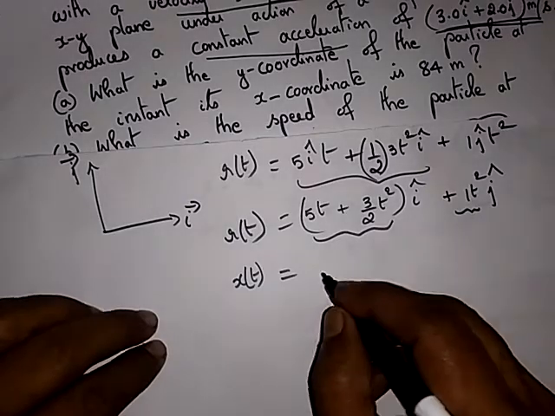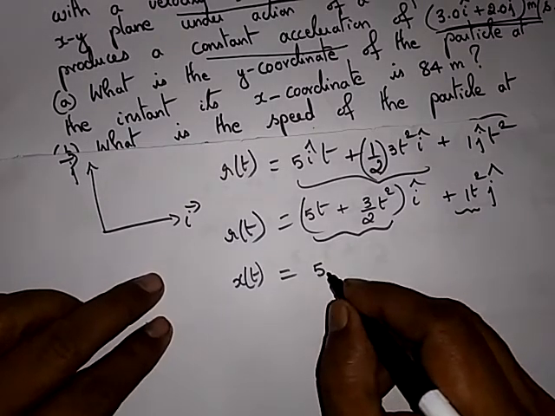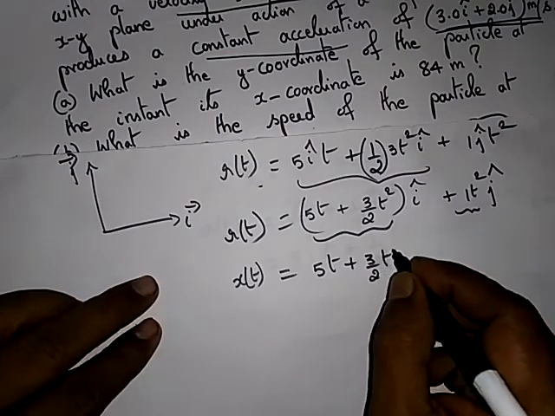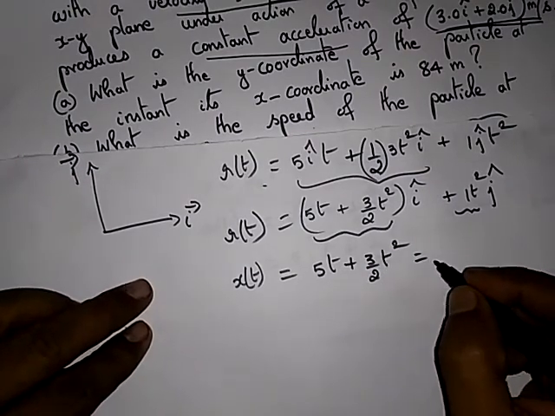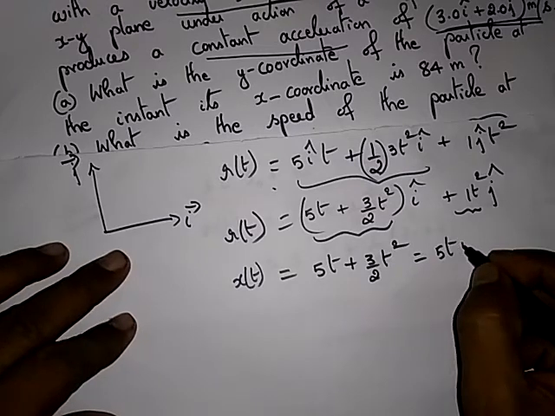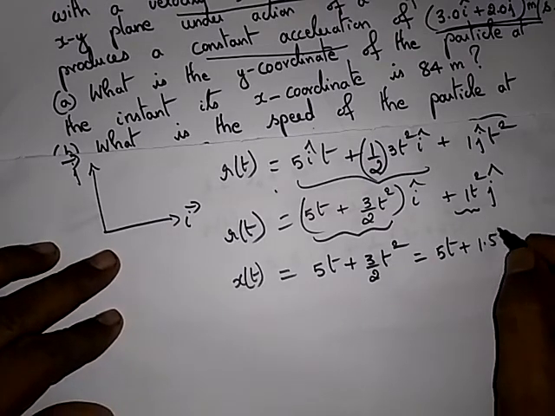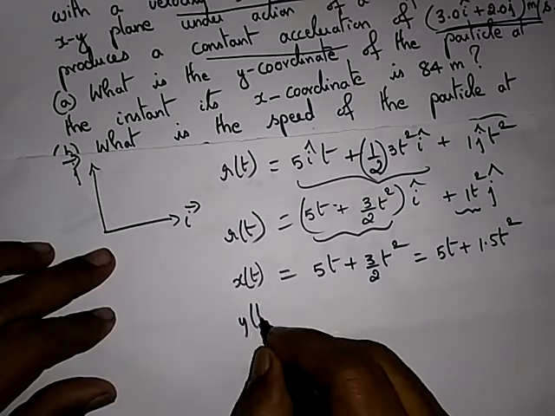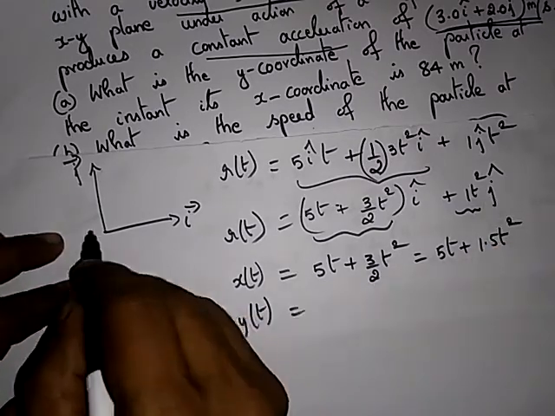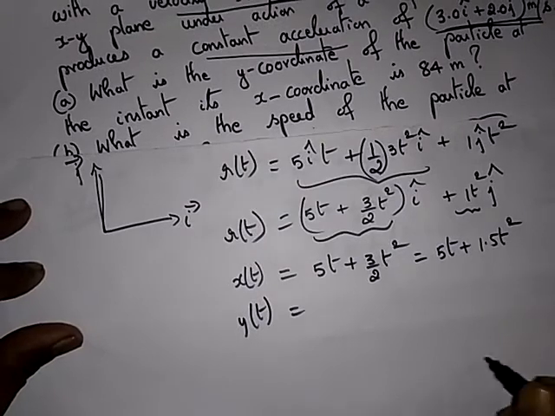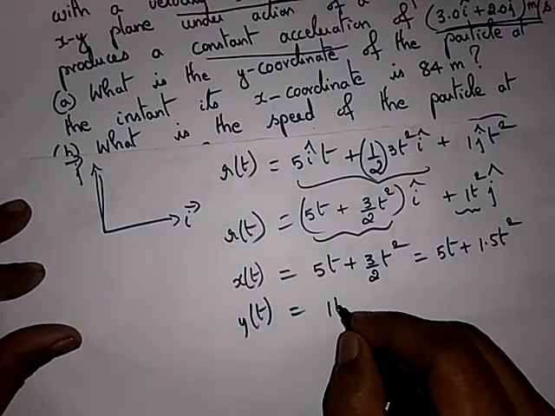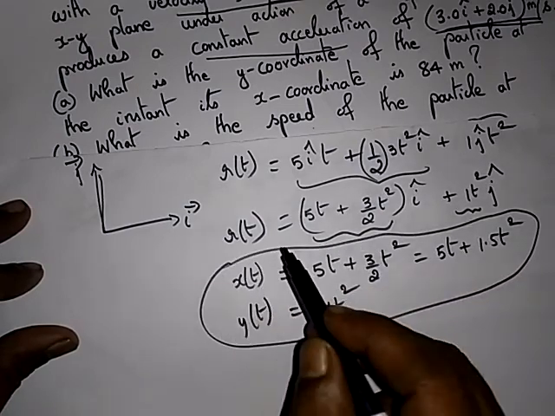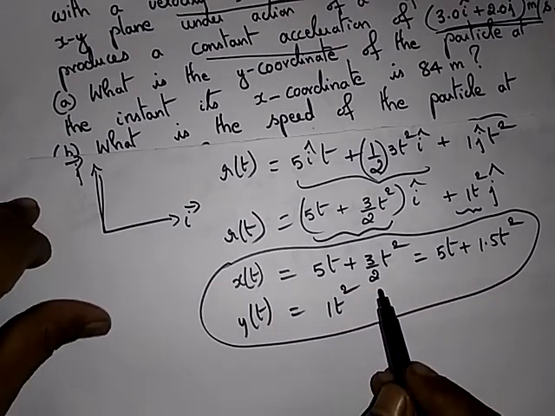So x of t is 5t plus 3 by 2 t square. This is nothing but 5t plus 1.5 t square. This is x of t. Similarly, if you want the y component, here the j vector is here, so the y component is 1 t square. So now we have split this r into x component and y component.